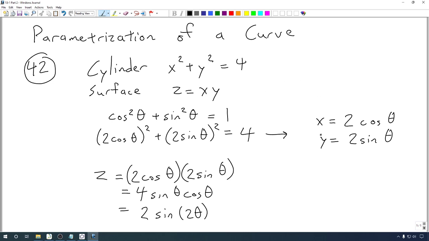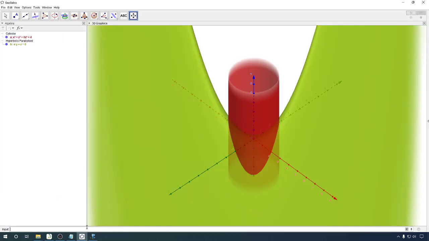If you just looked at z equals 4 sine theta cosine theta, that'd be perfectly alright. Basically, these two formulas for x and y and this formula for z, those are parametric equations for that curve. Let's actually go ahead and plot that curve, just to show that that's true. So we're going to take a curve. We said the first one was 2 cosine theta.